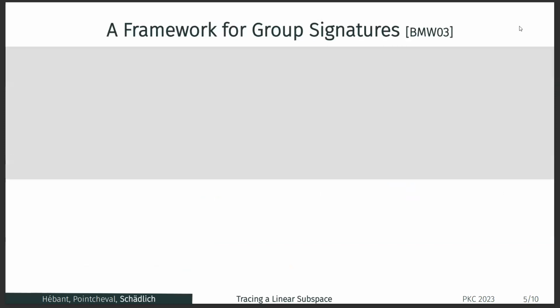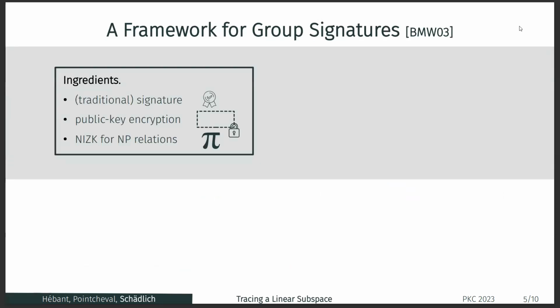Before I present our construction, I would like to recall a framework for group signatures by Bellare, Micciancio, and Warinschi. Their scheme uses 3 ingredients: a traditional signature scheme, a public key encryption scheme, and non-interactive zero-knowledge proofs for NP.